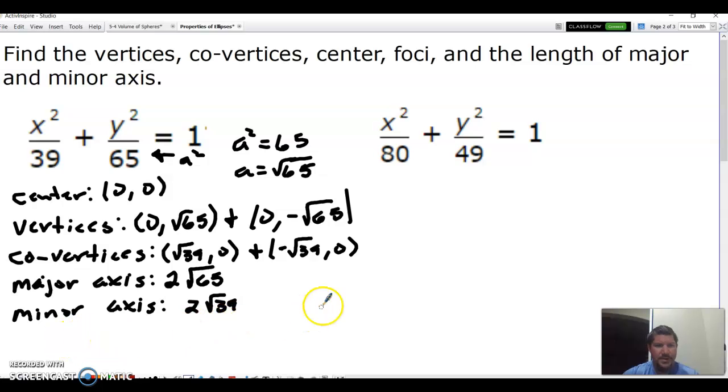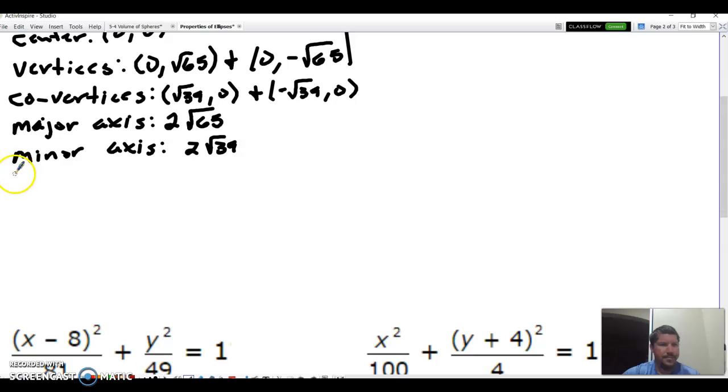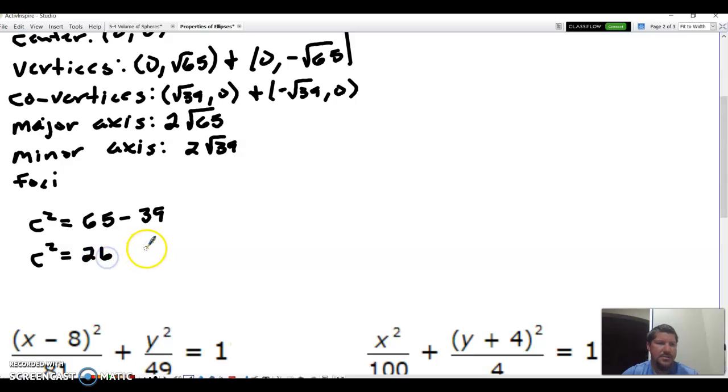My foci, so that's c squared equals 65 minus 39, because that's already a squared and b squared. So c squared is equal to 26.